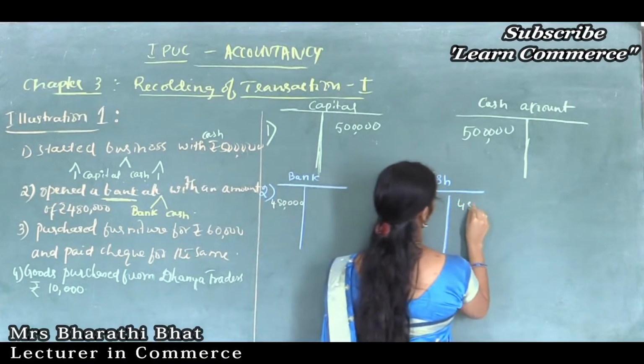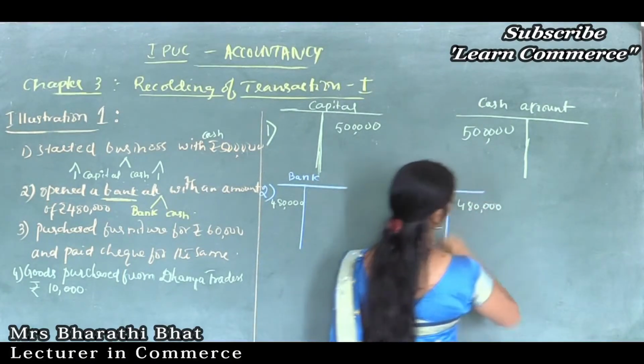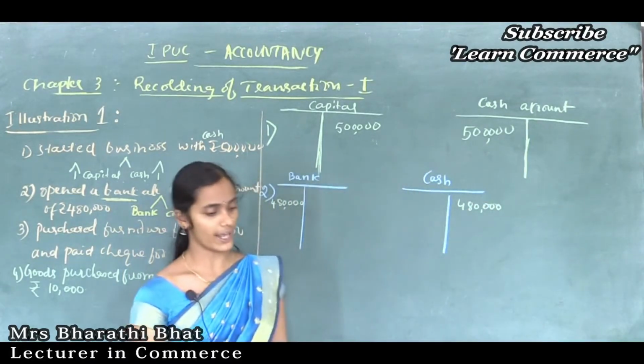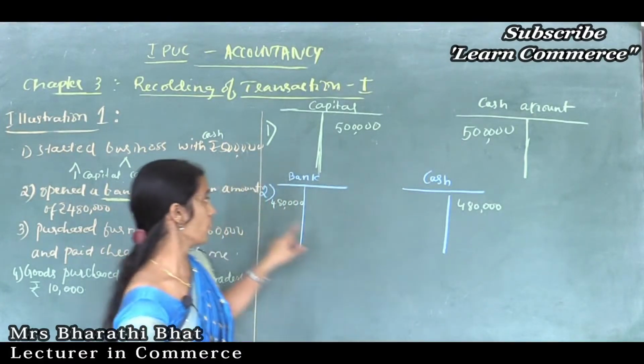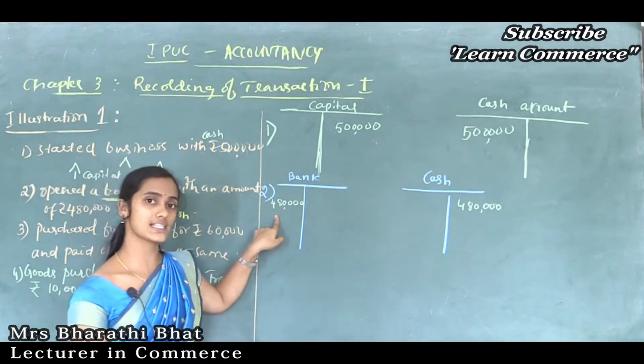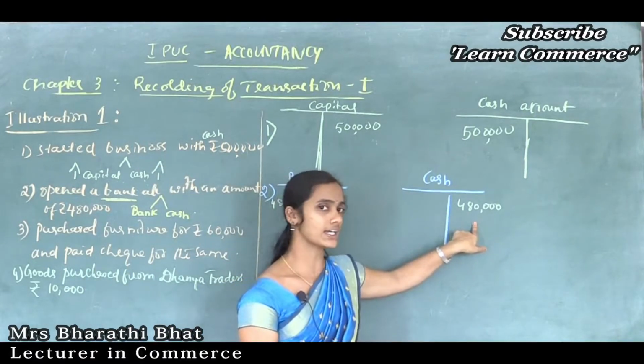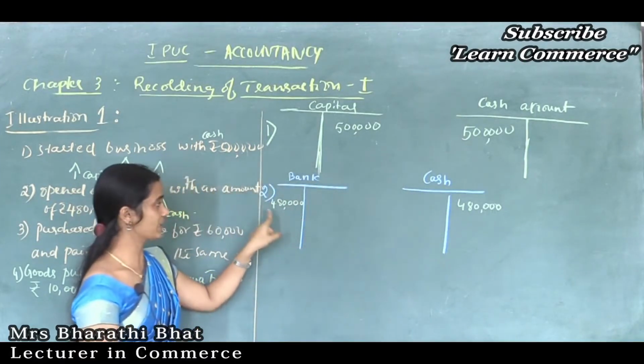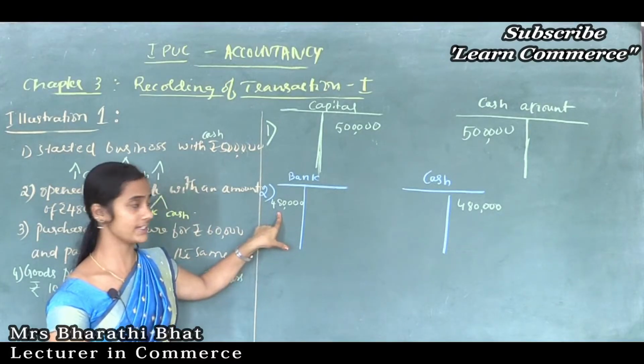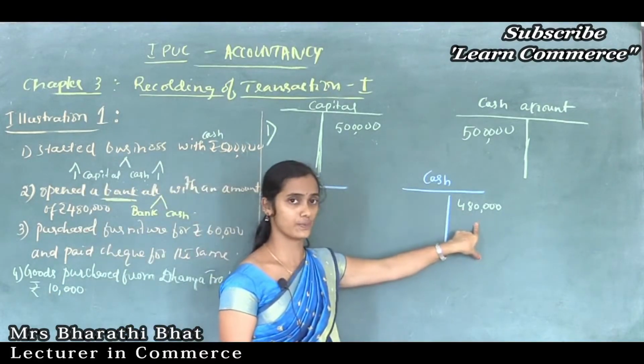How much? 4,80,000 here. So increase in asset is to be debited, decrease in asset is to be credited. Correct, right?